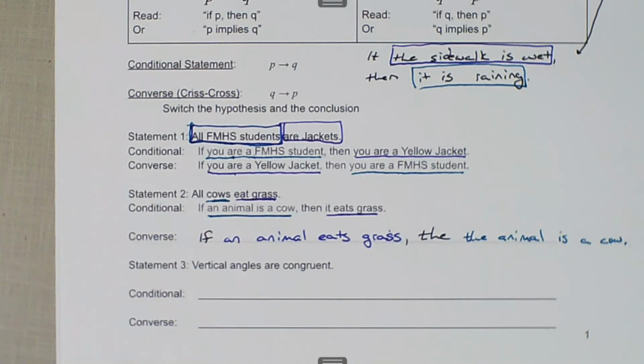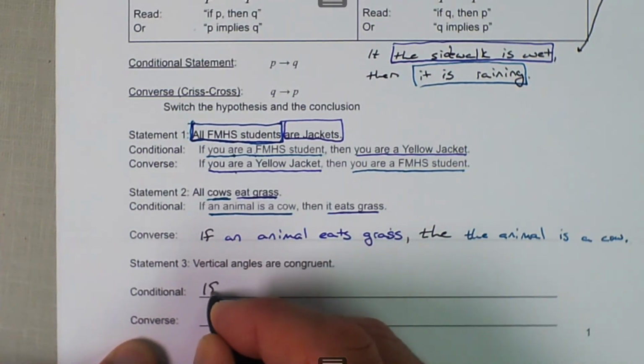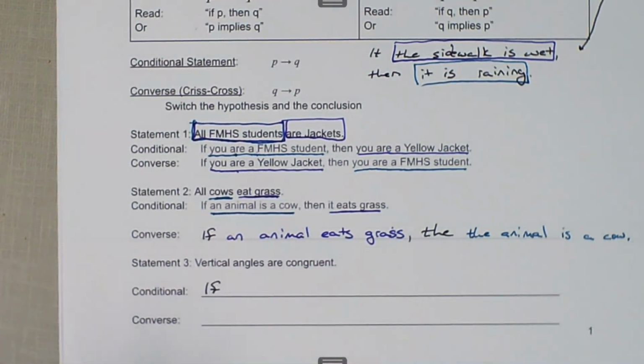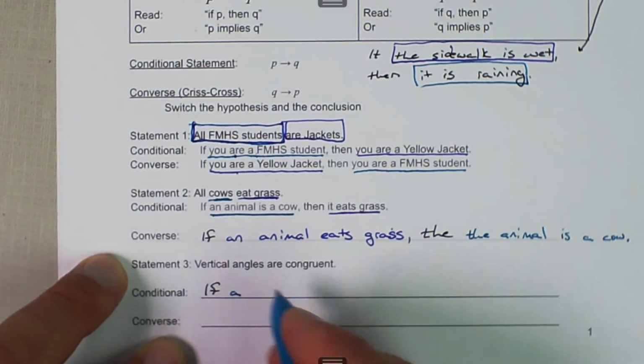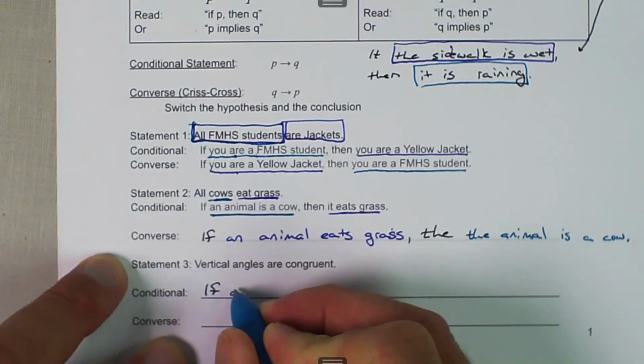Vertical angles are congruent. So write that as an if-then statement. We'll start with if an angle is vertical, well, I guess if we're talking about vertical angles, we're talking about two angles.